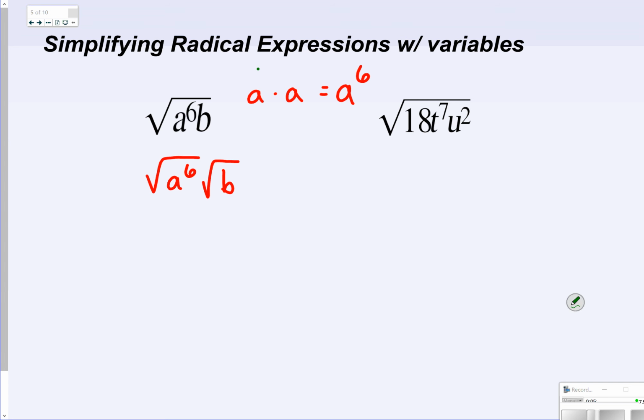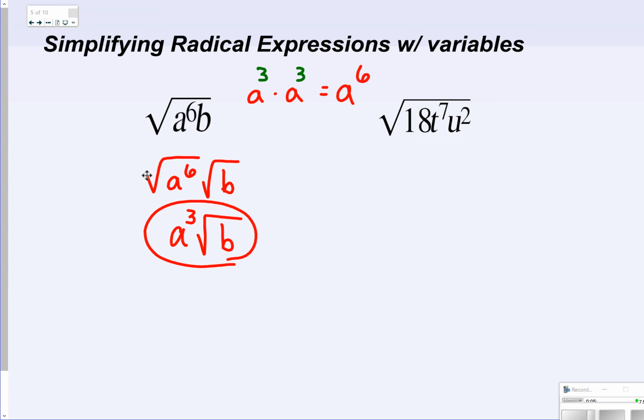A to the third times a to the third is a to the sixth. So if we think about what the square root of a to the sixth is, that must be a to the third. And for the square root of b, that can't be simplified because that's not a perfect square. So this is our simplified expression: a to the third times the square root of b.